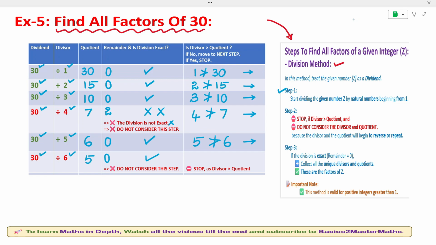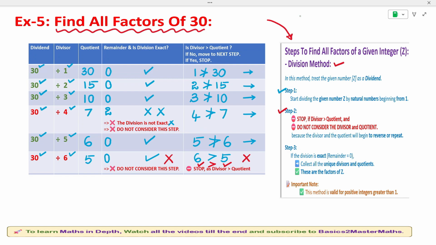In this case, the divisor 6 is greater than the quotient 5. As per step 2, please stop here since the divisor is greater than the quotient. Also, please do not consider this step.